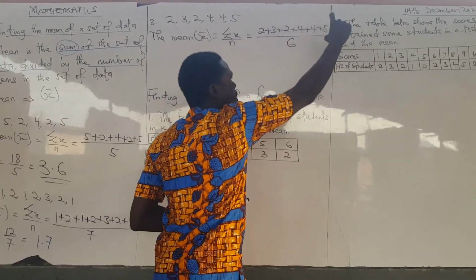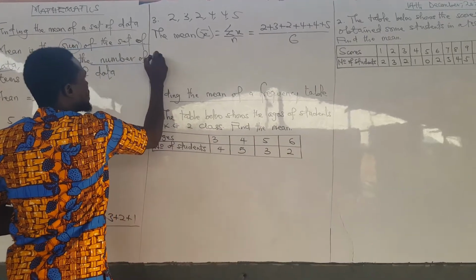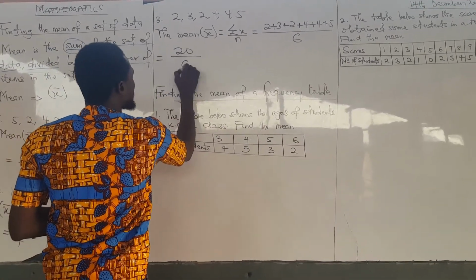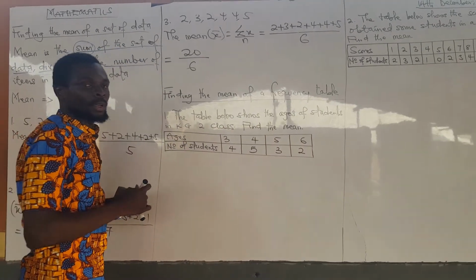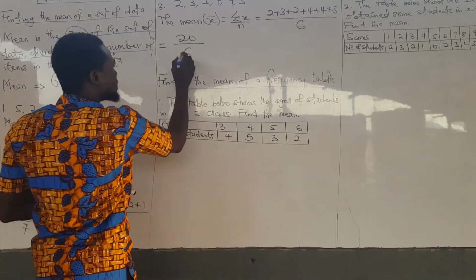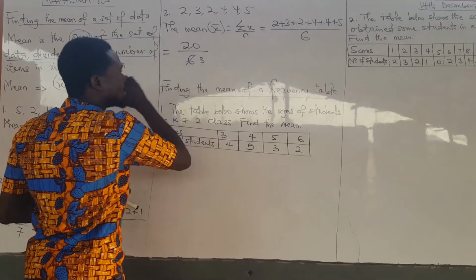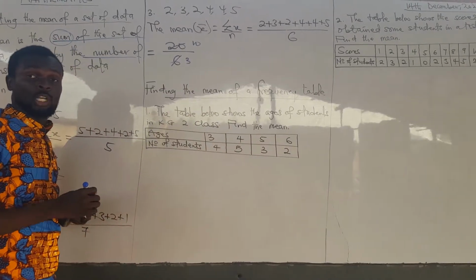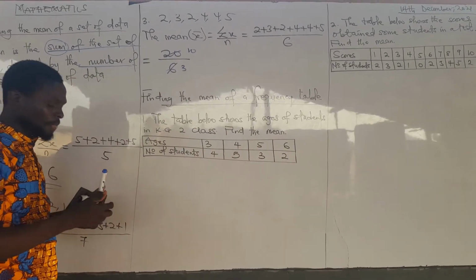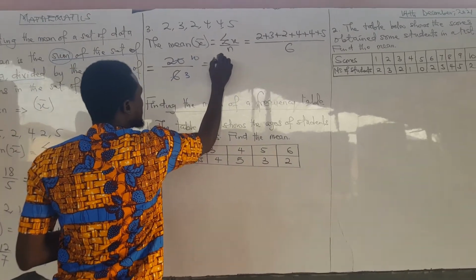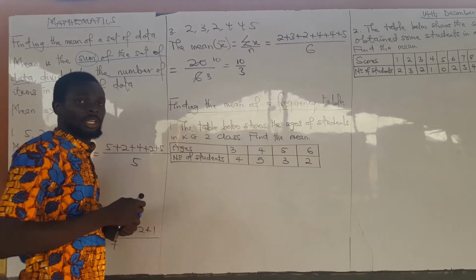So the sum of the set of data is 20, all over 6. With this one, we can do some cancellation by saying that 2 into 6 is 3 times, 2 into 20 is 10 times. So we are going to get our final answer after simplifying, 10 over 3.